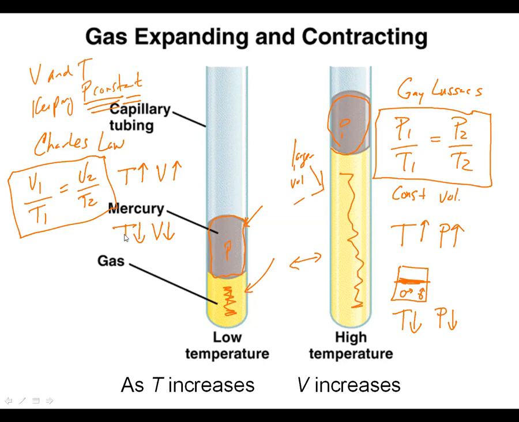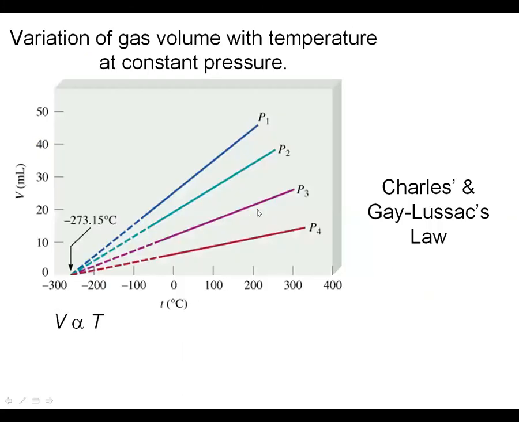And Guy-Lussac's law is at constant volume. So because in that case, the volume doesn't move, when we increase the temperature, we see a direct relationship in increasing the pressure, and vice versa. If we decrease the temperature, we see that the pressure will start to drop as well. So those are two gas laws that we should think about.